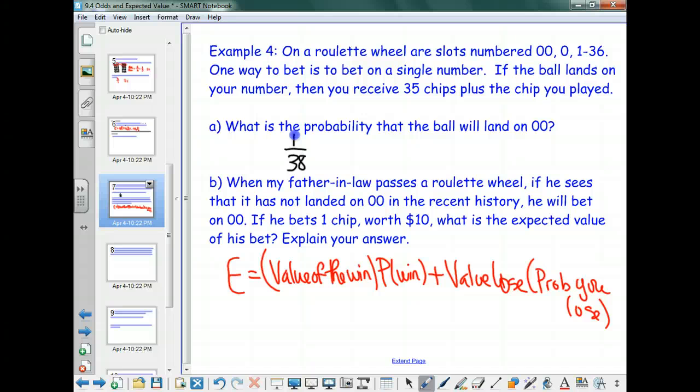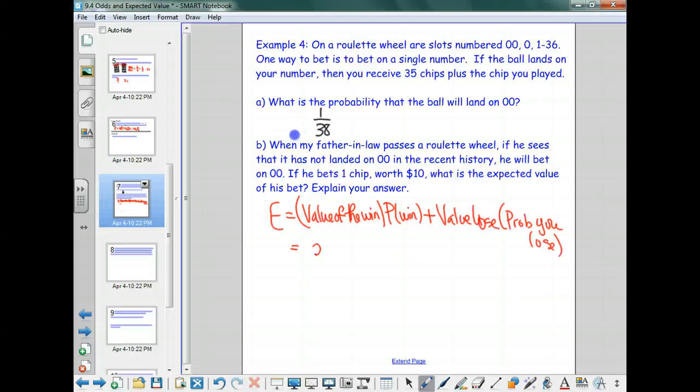And how much is the chip worth? $10. So how much do you win if you win this particular game? 350. And what's the probability that you will win? 1 out of 38, because we did that in part A. What is the value if you lose?